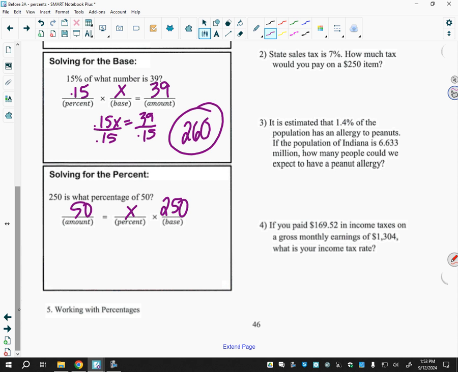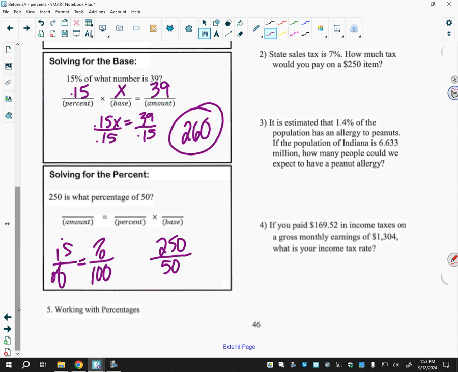But then how do we write it is what I'm asking. Not like that. Because 50 is the base, and 250 is the amount. See, look, this is where I like my is over of. Because 250 is the is, and the of is 50.